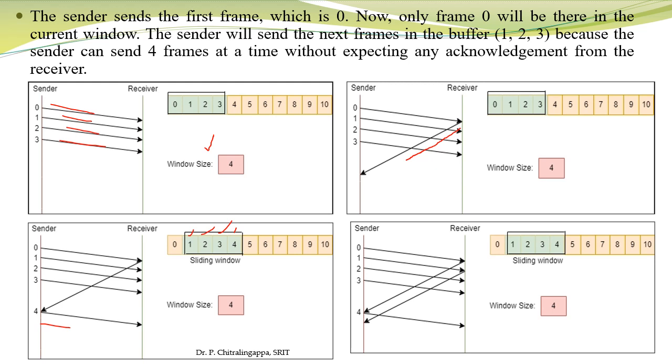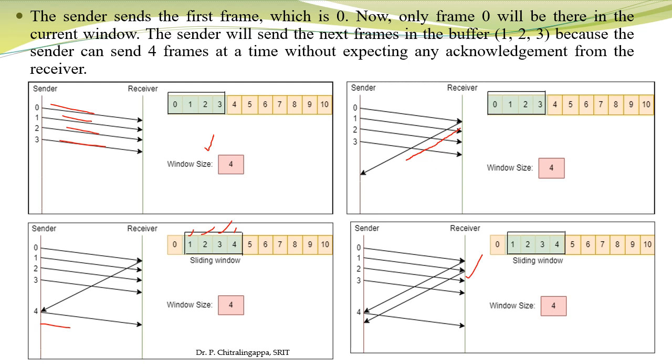Like that, whenever you get an acknowledgement from the receiver, you can slide to the next frame, because the sliding window size is always 4. Again I get one more acknowledgement from the receiver, for the second frame.